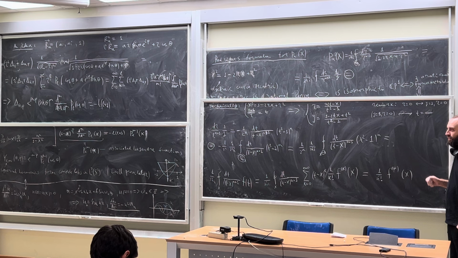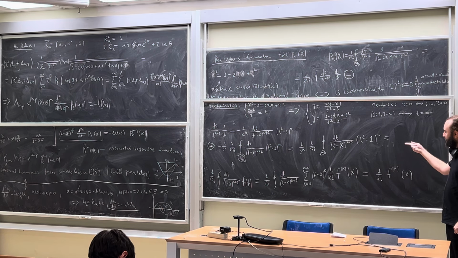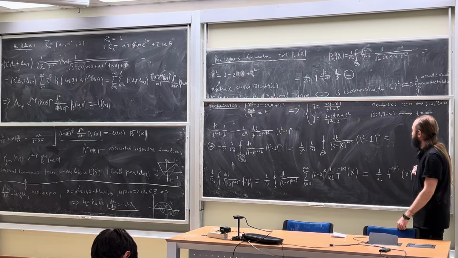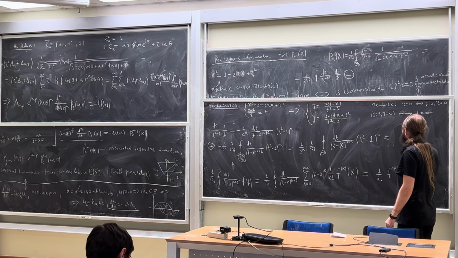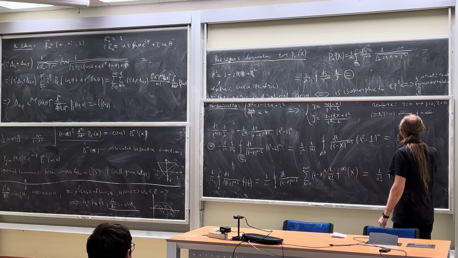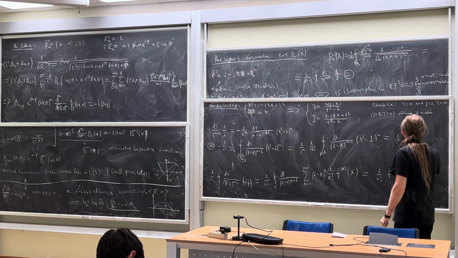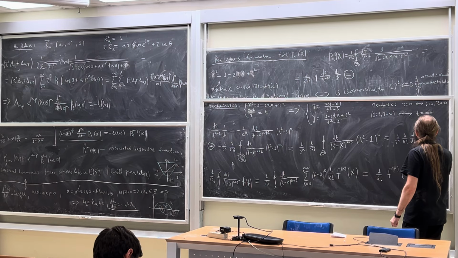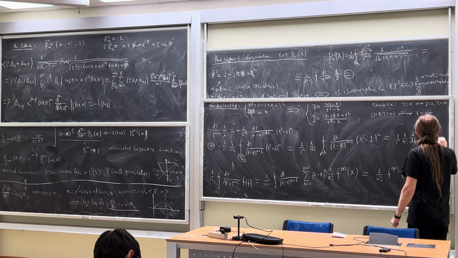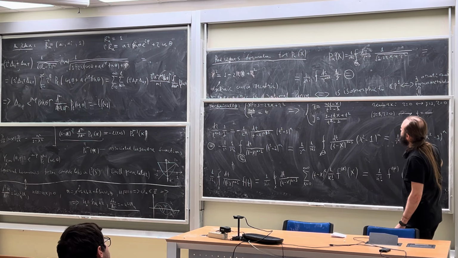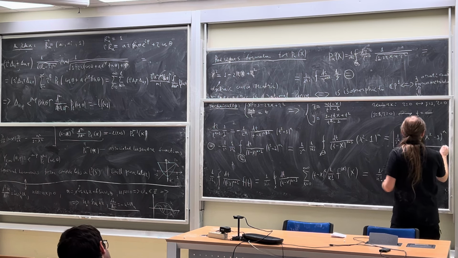Now we can use this formula, simply substituting the explicit value of f. And it gives us 1 over 2 to the n, 1 over n factorial, d^n over dx^n of x squared minus 1 to the n. So this was our computation for P n of x.